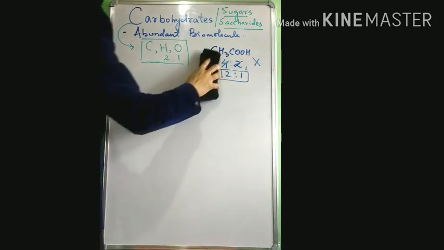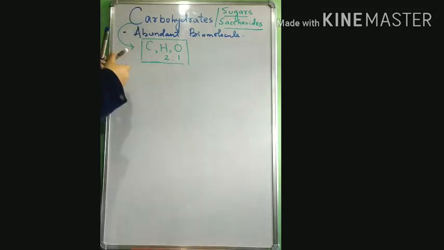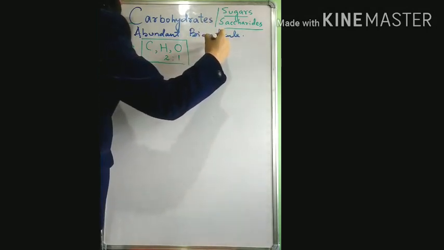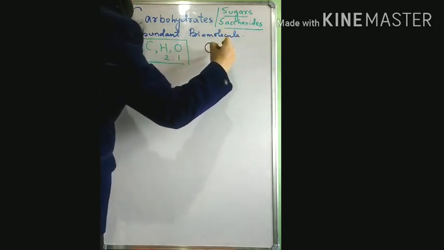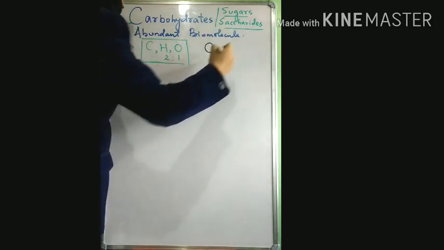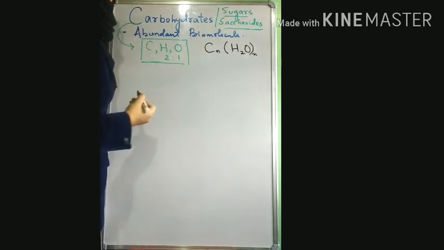What is the best way? What is the alternative way of defining carbohydrates then? Another approach towards defining carbohydrates is like this. If you take a molecule with water molecules in it, I'll take n number of carbons, and to these carbons n number of water molecules are attached.